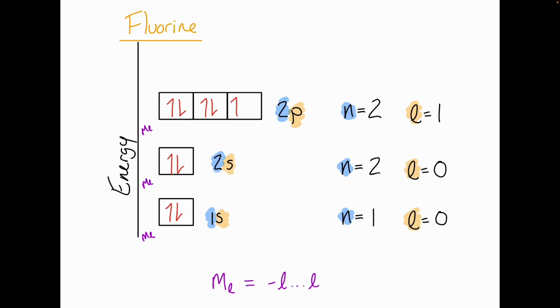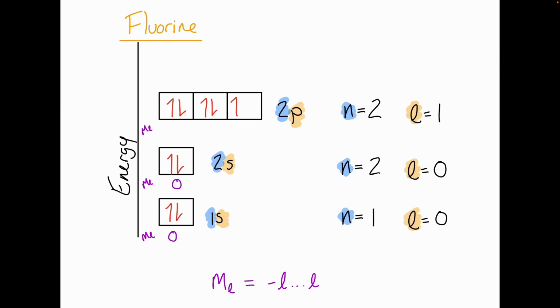It takes on a value from negative L to positive L. If L is 0, negative 0, positive 0, same number, right? So this box here gets the magnetic quantum number of 0. All right, what about my 2s orbital? What's the magnetic quantum number? Also 0, because it's still an s orbital with that L value of 0.